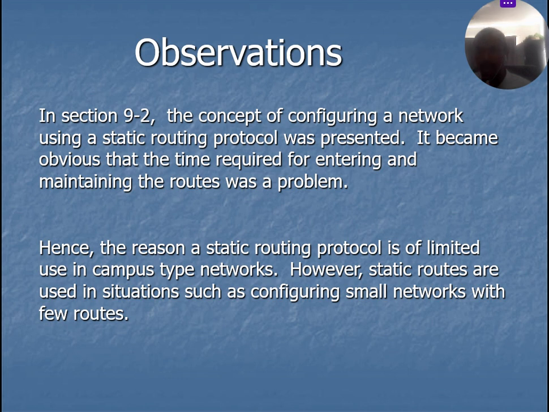These are further divided into RIP, OSPF, the Open Shortest Path First routing protocol, the Enhanced Interior Gateway Routing Protocol, the Border Gateway Protocol, and so on. These are the types of dynamic routing protocol that we might be looking at.